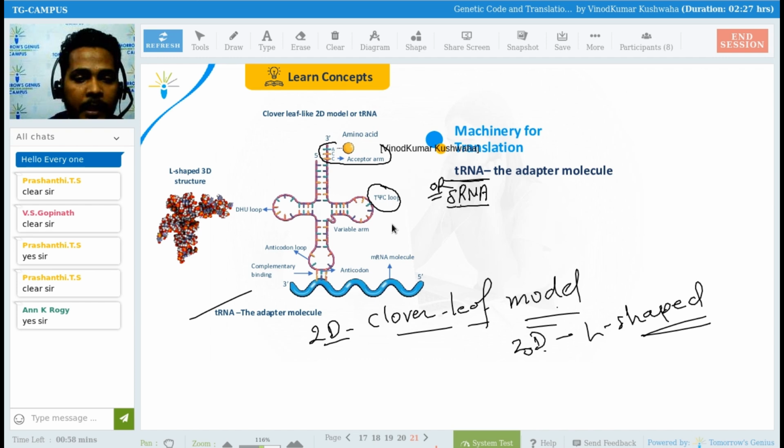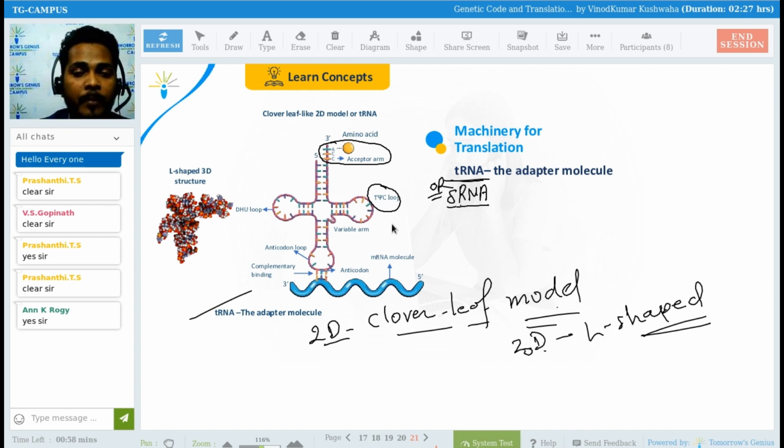This is the amino acid acceptor. Yes or no? So the tRNA binds with a particular amino acid at the acceptor end, which is the CCA end, and that process is called the charging of tRNA.